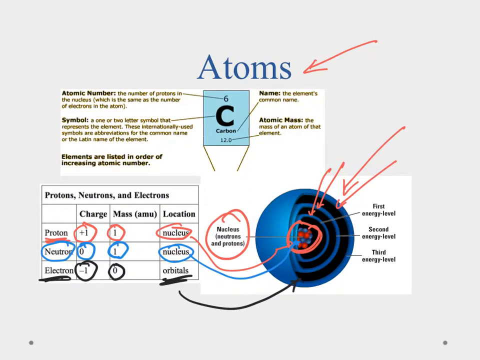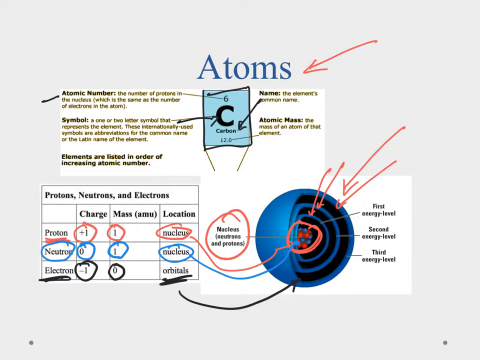When you look at the periodic table, each element has its own box, and each of the things inside tells us what it is. We have our symbol, which is a shorthand way of writing which element it is, and then the common name as well. For this one, we have a symbol of C, which represents carbon.